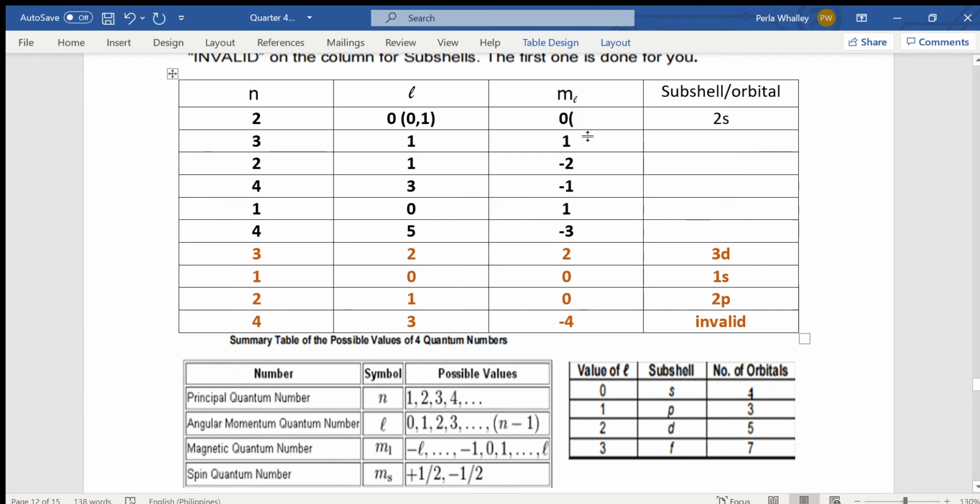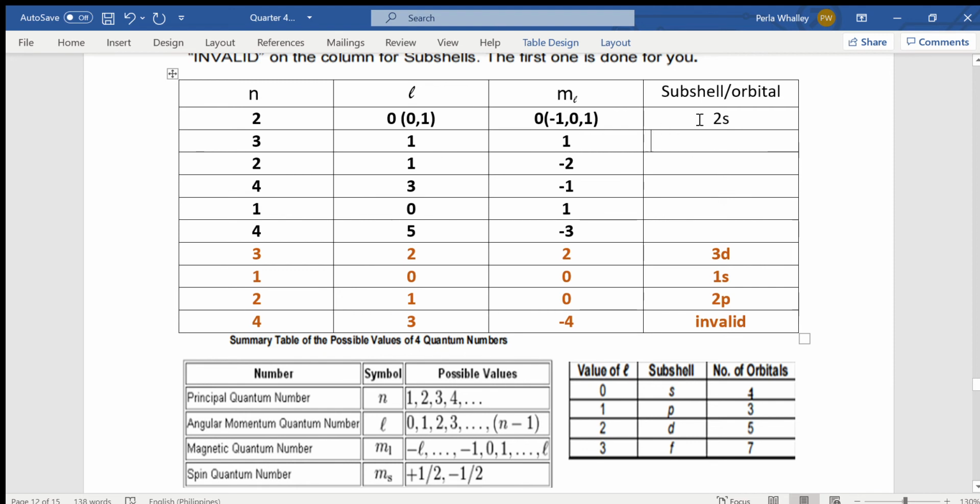The L is 1, so the first one here would be minus 1, and 0, and then it can be plus 1. So can M sub L be 0? Yes, it is possible to be 0 because of the 0 here. Okay, so all of this L and M are valid.